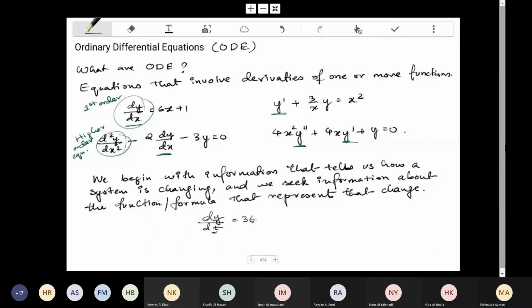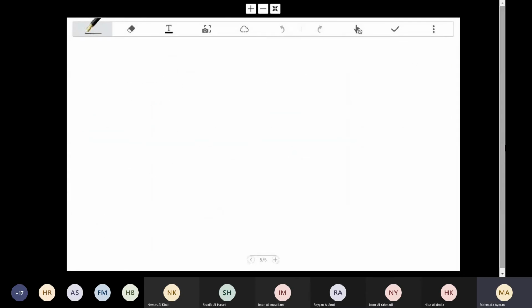So y is a dependent variable, and this one here is independent. And we are seeing how y is changing depending on the value of t in differential equations.